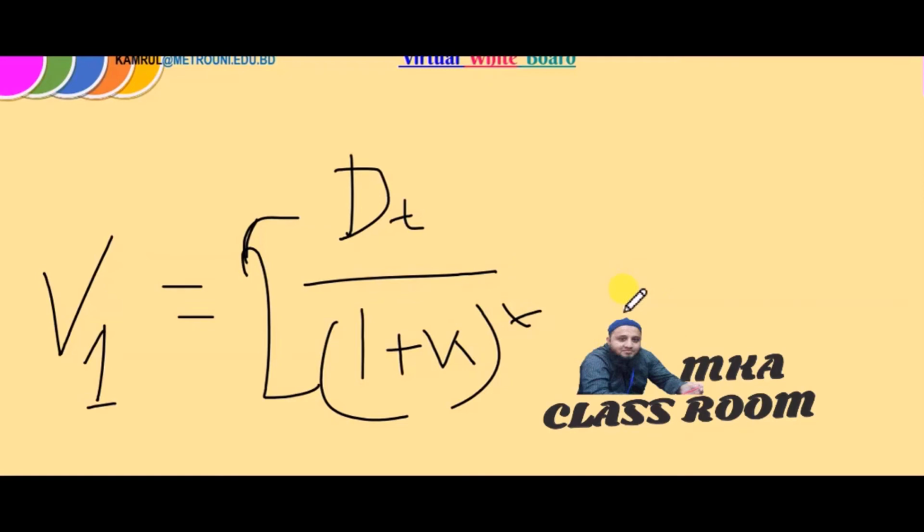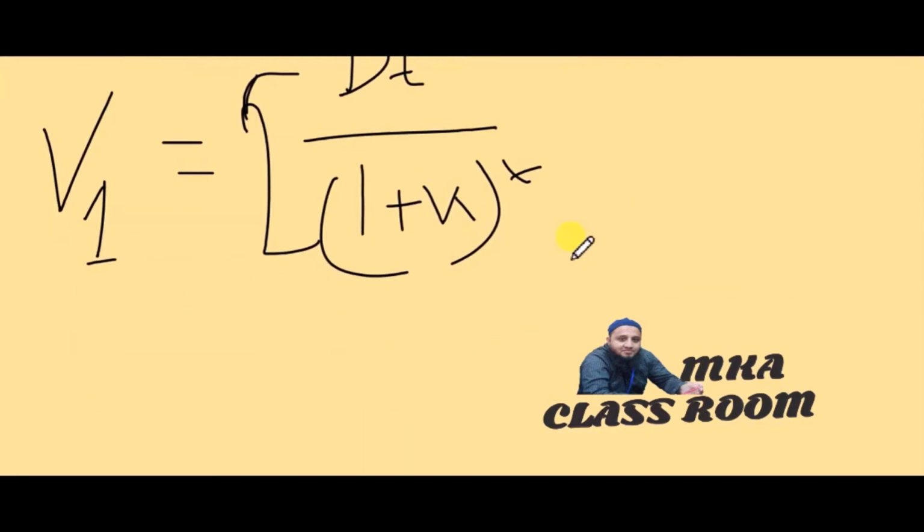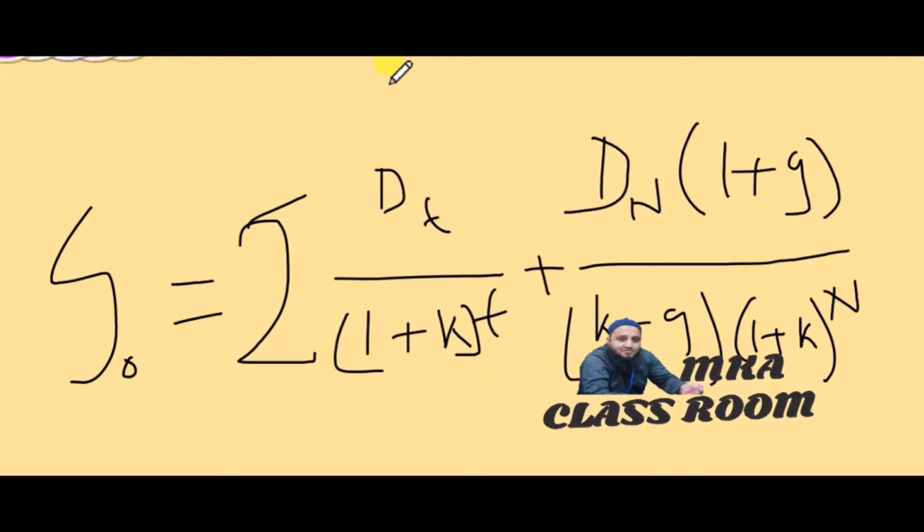Now our total valuation model should be D naught equal to summation Dt divided by (1 plus k) power t, plus this portion. The summation portion is the multiple year valuation model, and this portion is the constant growth model.